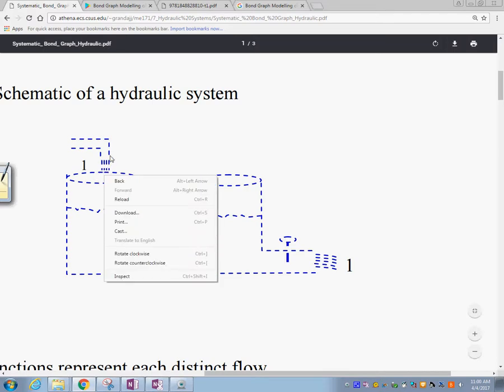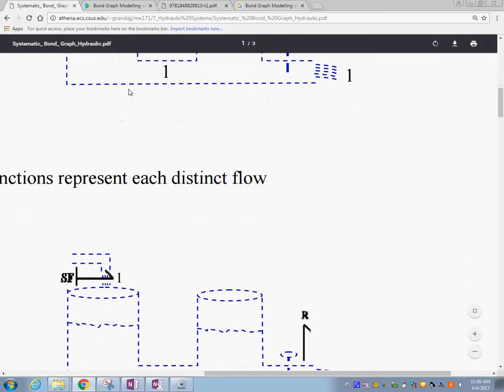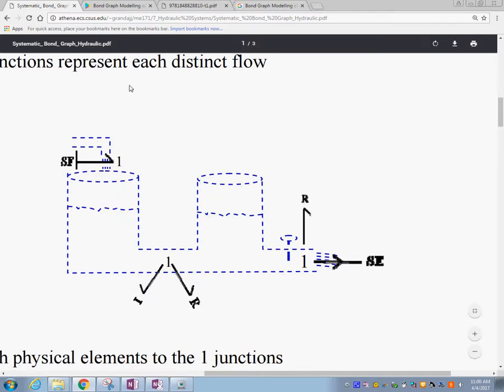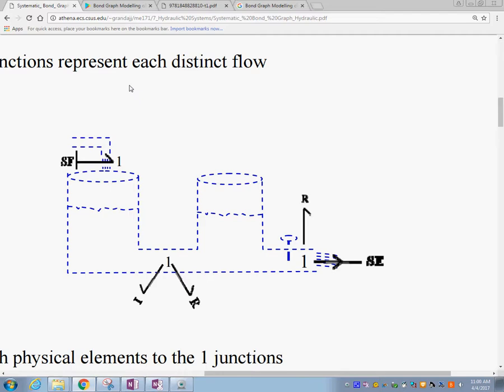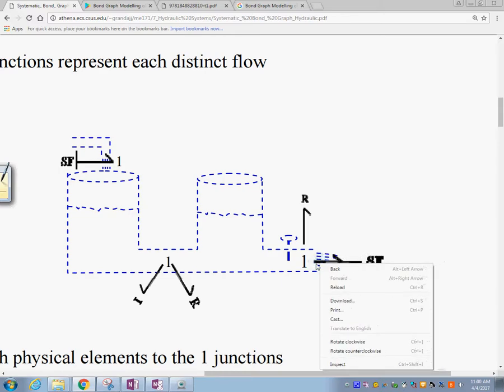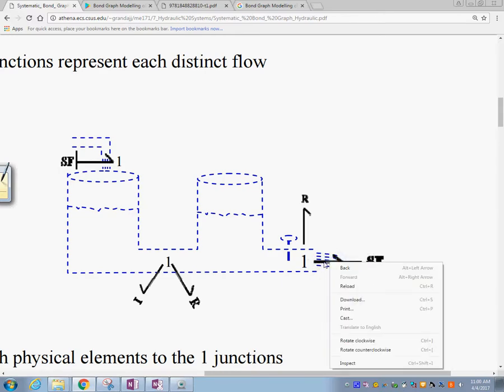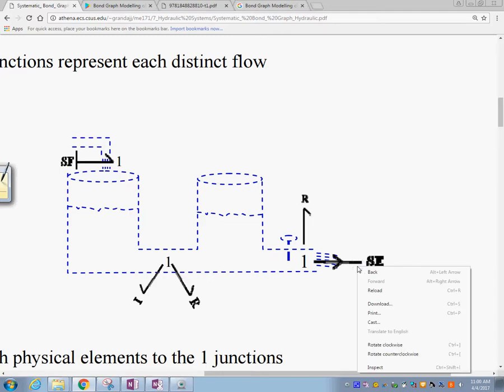So we put the one junction first, and then the second thing that we do is to put the attached elements that see those flows. In this case, this is the flow of water to the atmospheric conditions here. So in here, what we have is a source of effort with value 0, which is the reference pressure for the atmospheric pressure.